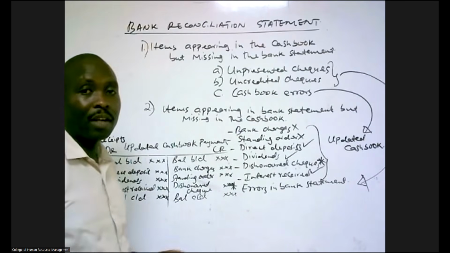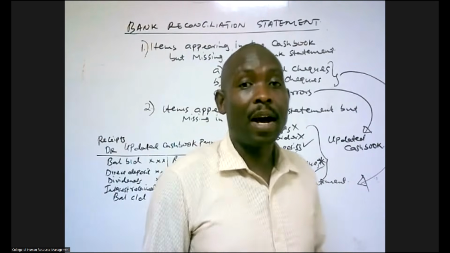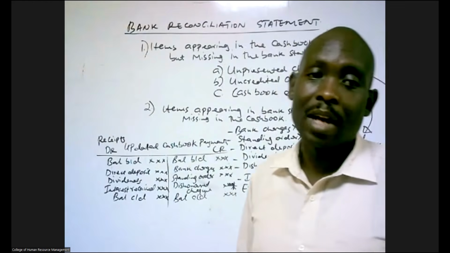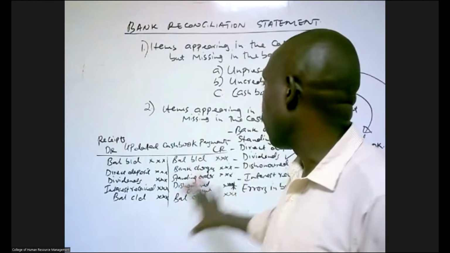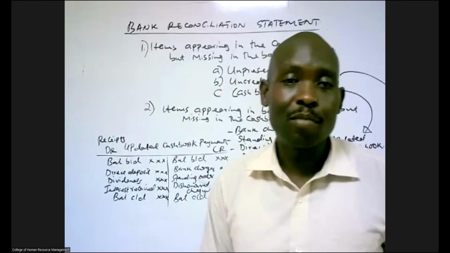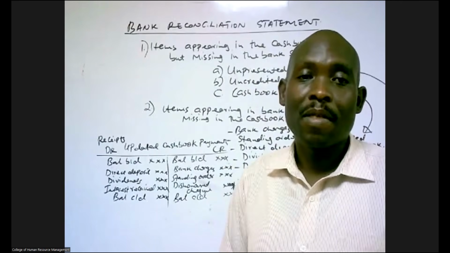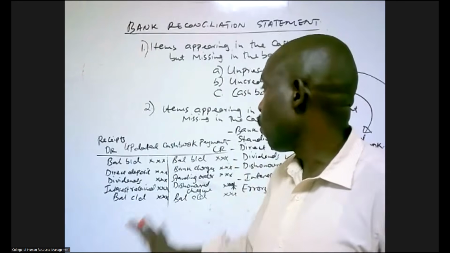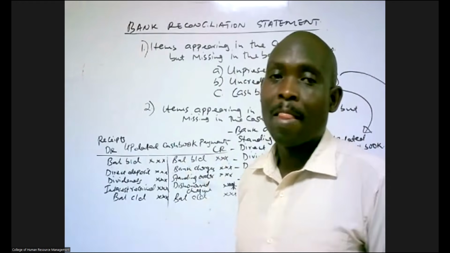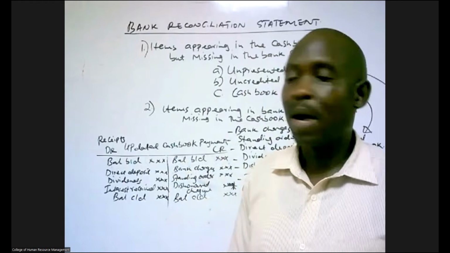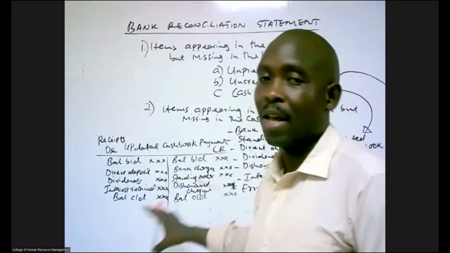And don't forget that when we are dealing with the bank, we can have a negative bank balance. That is an overdraft. When the payments exceed the receipts, we can have an overdraft. So the balance as per the updated cash book can be an overdraft when the payments exceed the receipts, or it can be a positive amount when the receipts exceed the payments.